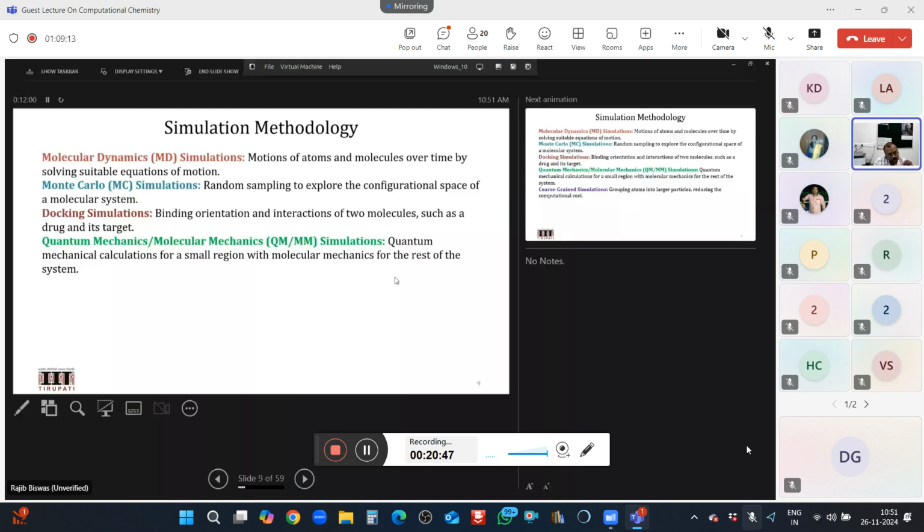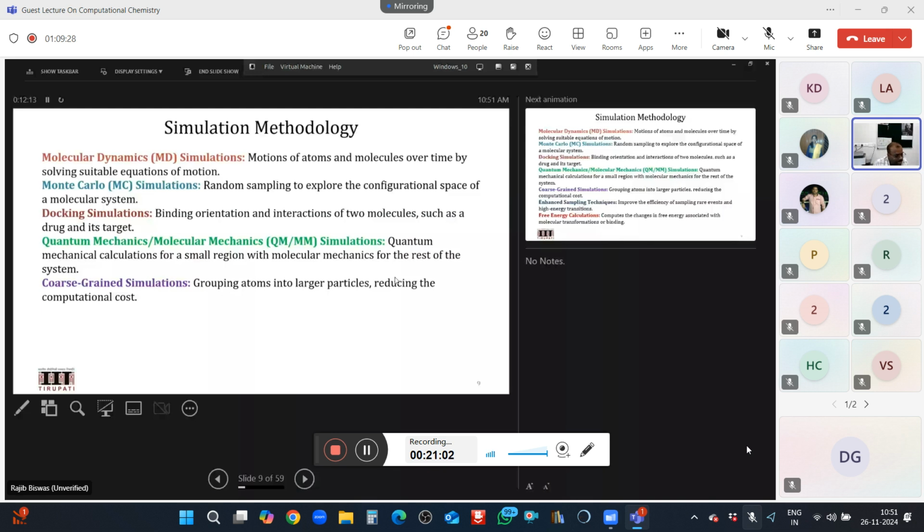There is another method called coarse-grain simulations. If you are willing to simulate very big protein molecules, for example, as I told in the beginning, if you want to simulate skin, or maybe the full COVID virus, or the HIV virus, or any virus you name it, they are very big. So with full atomic descriptions, it is impossible to simulate with a reasonable trajectory length.